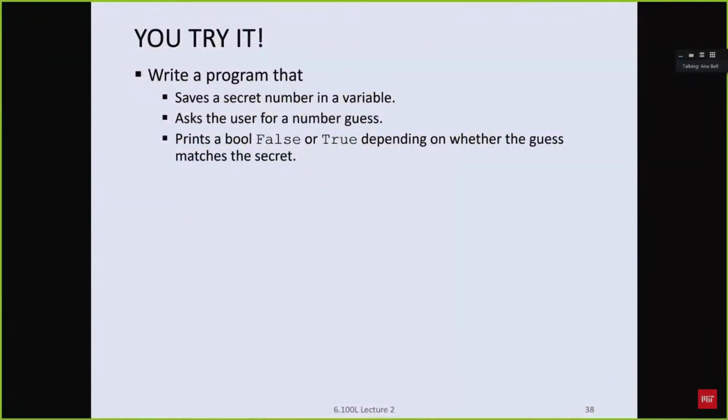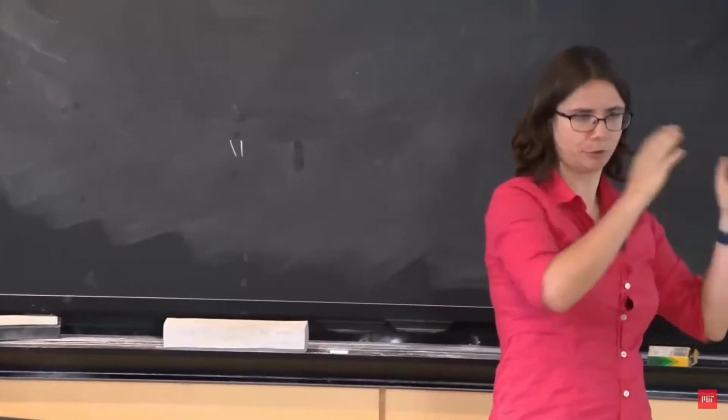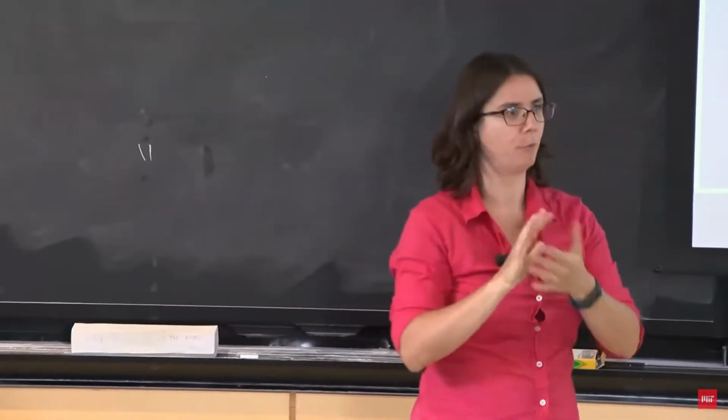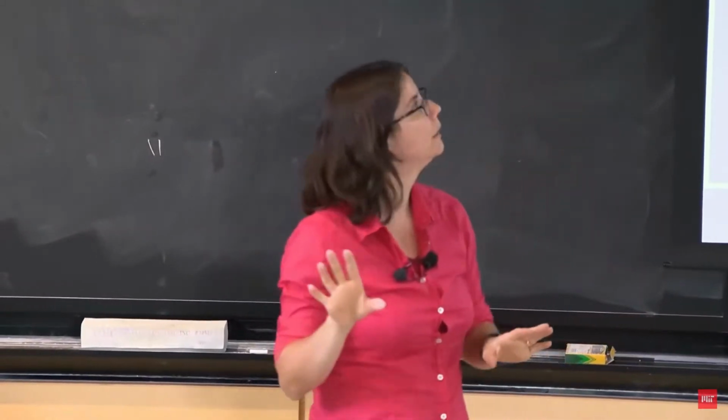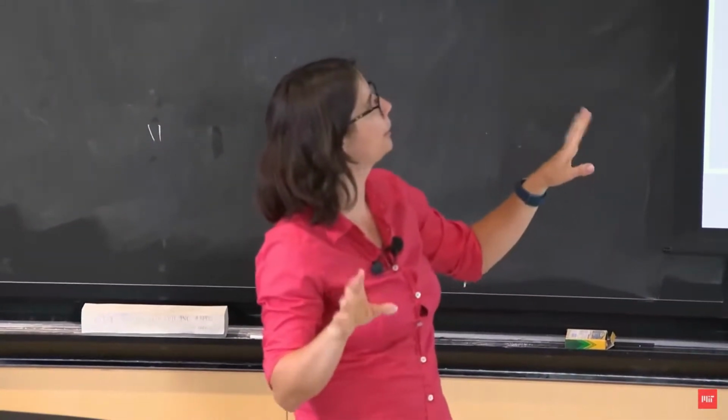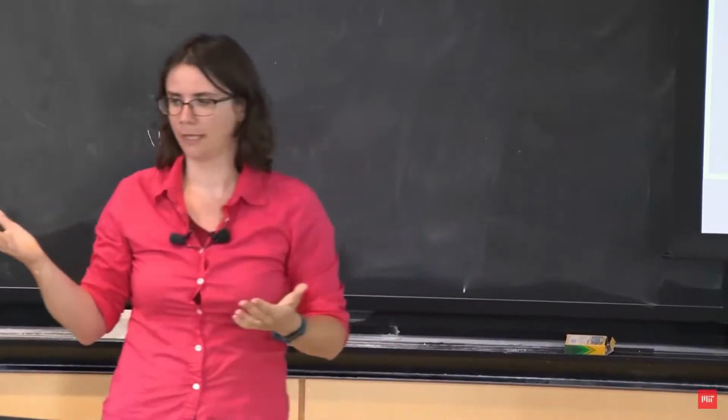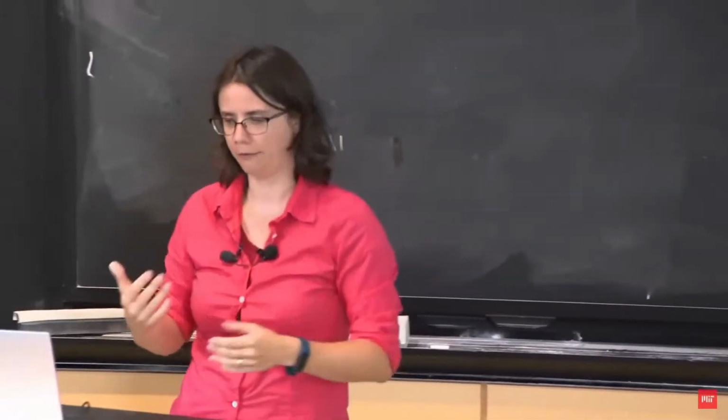Okay, quick you try it for you guys. So let's have you write a program that saves a secret number in a variable. So that's going to be your program's secret. Presumably people using your program won't be looking at the program itself. They'll just be interacting with the program in the shell. So save a secret number in a variable, ask the user to guess a number, and then print either true or false if it's the same as your secret or not.